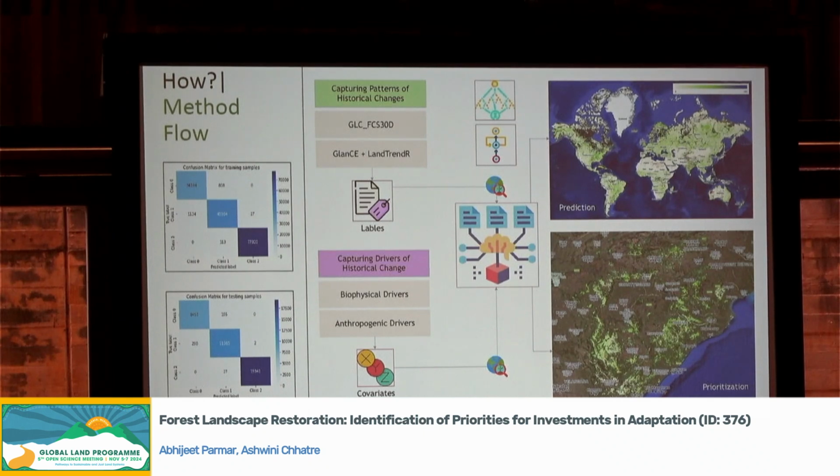Out of these three methods, pixels which produced the same label using all three were taken as a training sample. Then we extracted the covariates and trained two different models, the spatial random forest and the LSTM, to generate the prediction map.